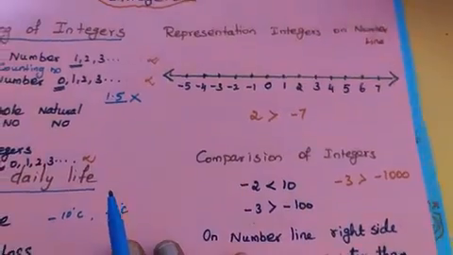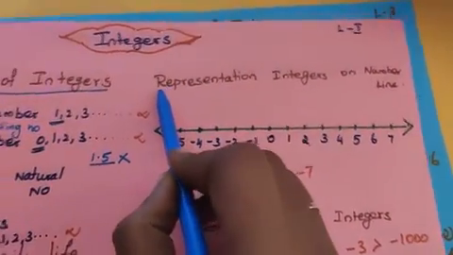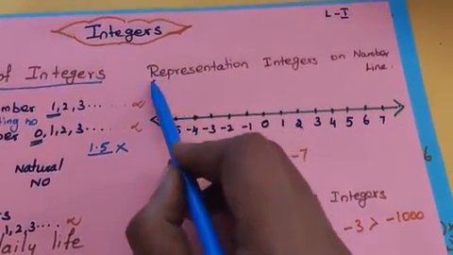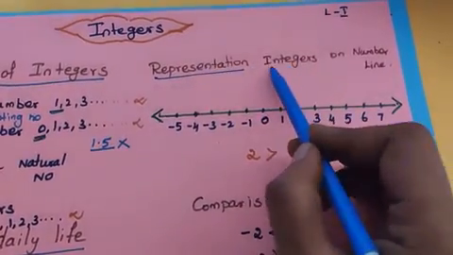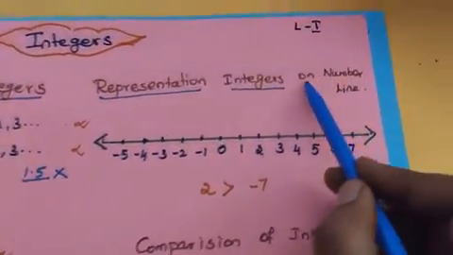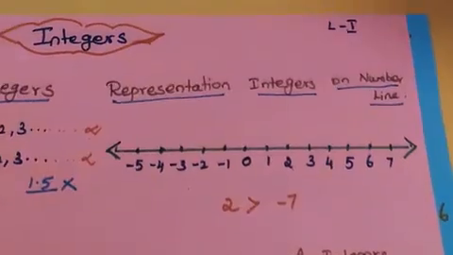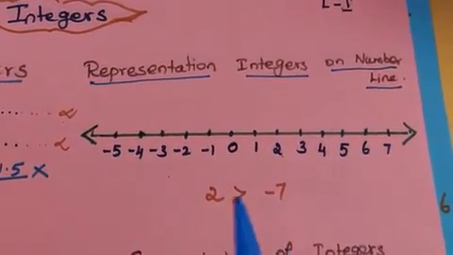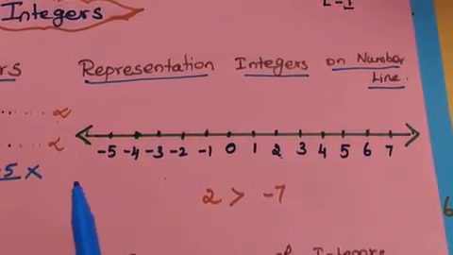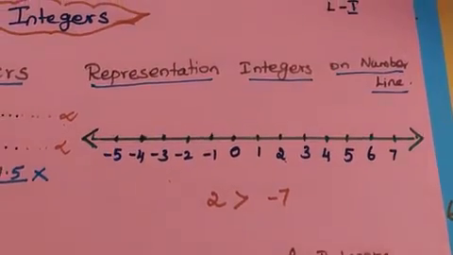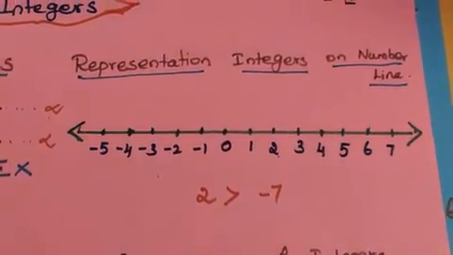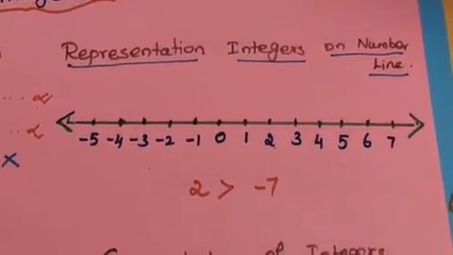Now come to the third topic, that is representation of integers on the number line. How will we represent the integer on the number line? Any number that comes, normally we represent on the number line. Here also the same way, but here we have the negative numbers too.